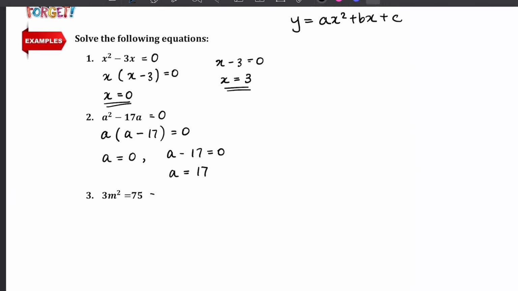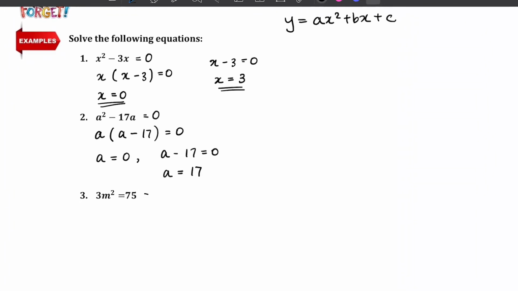So now we've got question 3, which says 3m squared equals 75. What I would do here is divide out the coefficient of m squared, which is going to be divided by 3. That will leave us with m squared is equal to 25. Now here you need to be very careful. When we square root 25, m can actually have two solutions.